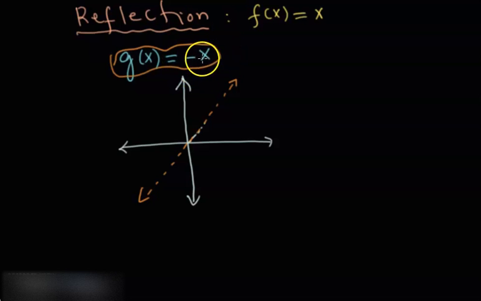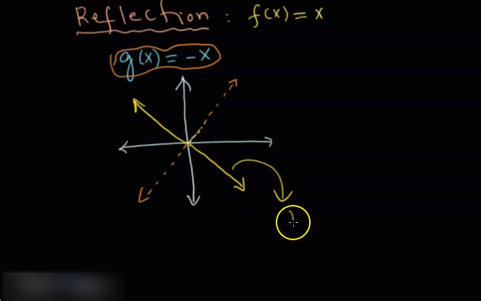Let's say this is the reflection about the y-axis. The reflection of this part will be here, and the reflection of this part about y will be here. So this yellow graph is the graph of g of x equal to minus x.